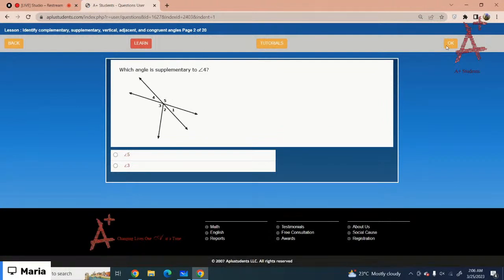The next one is what is the supplementary angle to angle 4? Supplementary angles are the angles whose sum must be 180 degrees. So just look at angle 4.